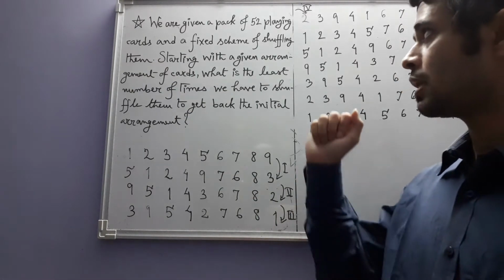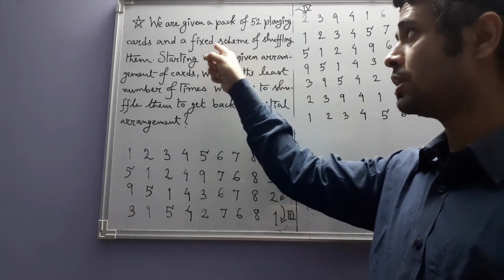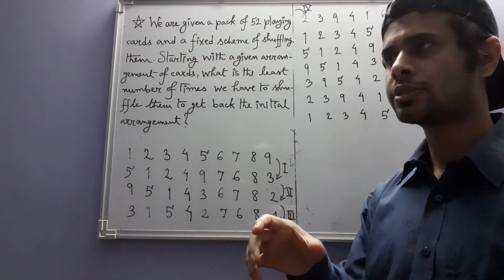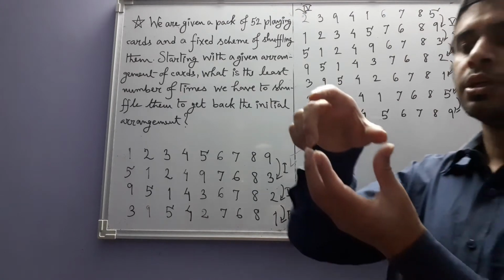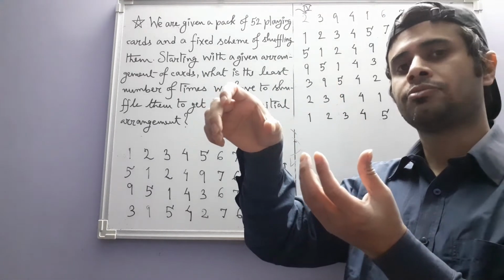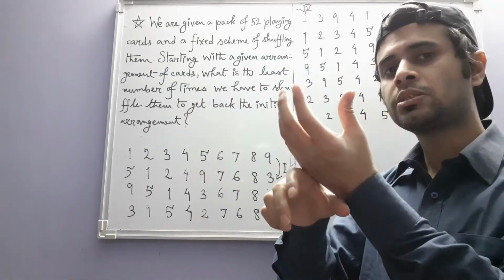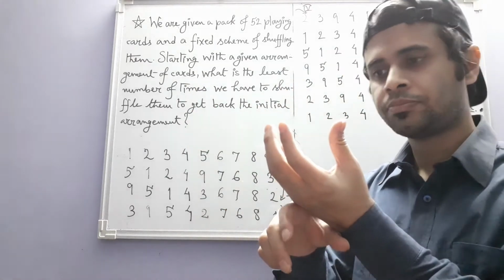But here, we are given a fixed scheme of shuffling. That scheme may be extremely basic. Say you cut the deck in half, in two equal halves, and you switch the places of those halves.